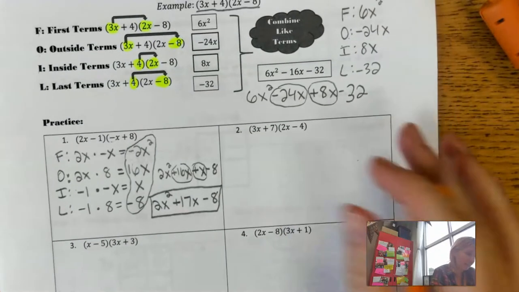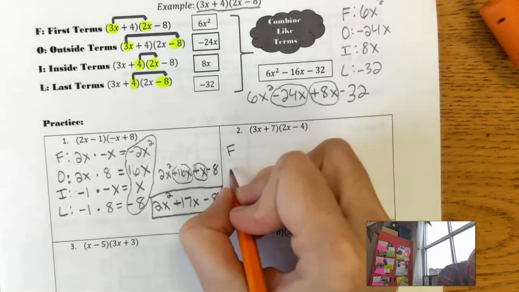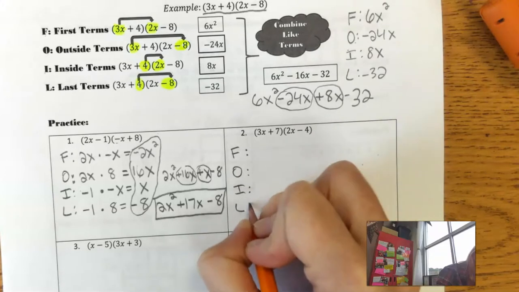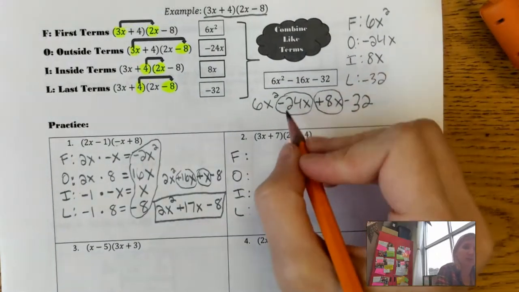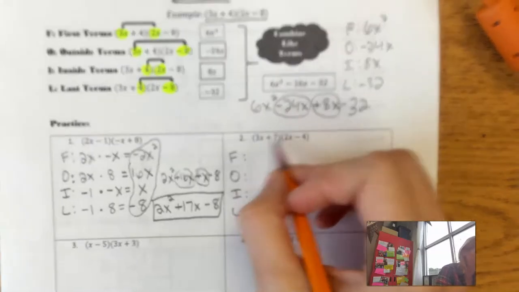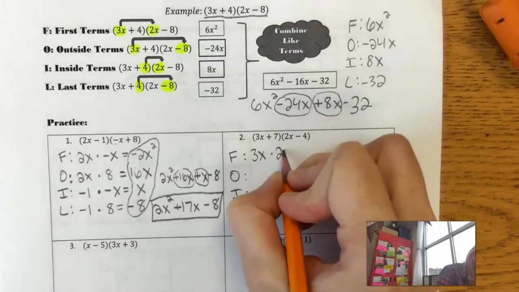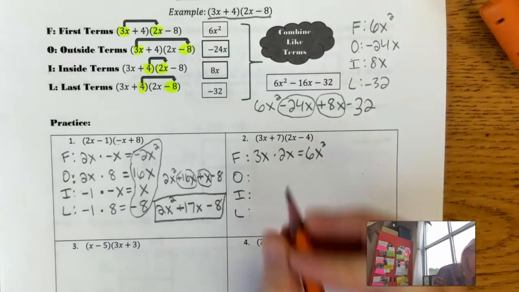Alright, number 2. First, outer, inner, last. Alright, go ahead and identify the first terms of these 2 binomials. What are the first terms? Alright, 3x times 2x, which gives me 6x squared.